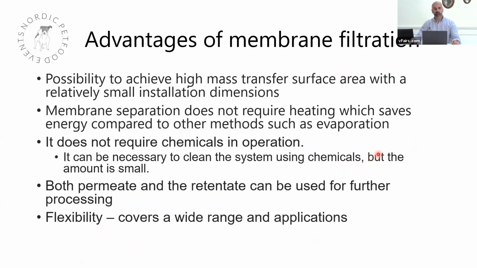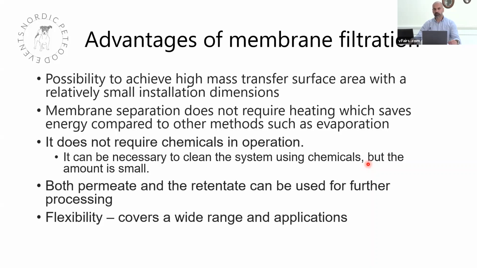The advantages of this membrane filtration are the possibility to achieve a high mass transfer surface area with relatively small installation dimensions. Membrane separation doesn't require heating, which saves energy compared to other methods, for example evaporation. It doesn't require chemicals in operation, but we need some chemicals to clean these membrane systems.